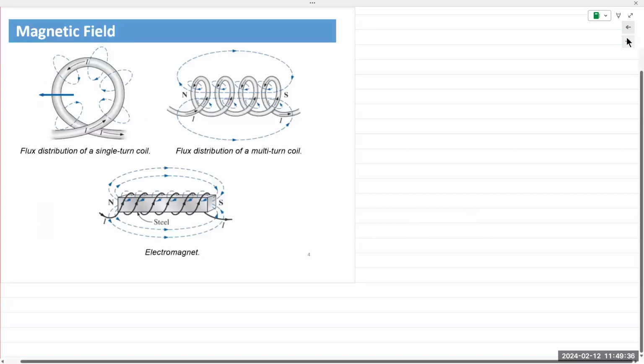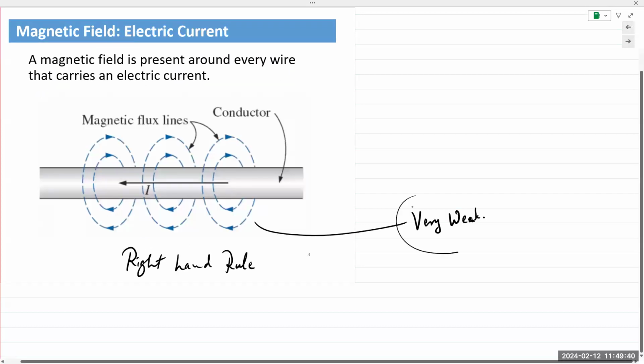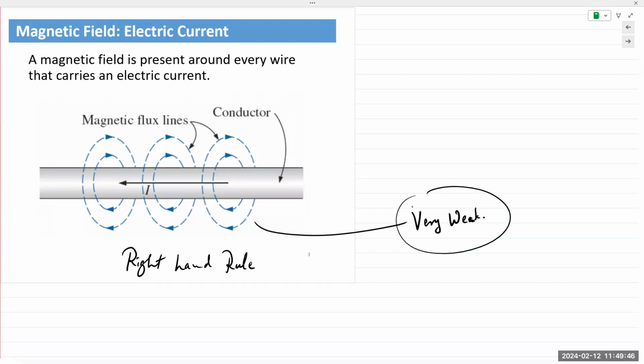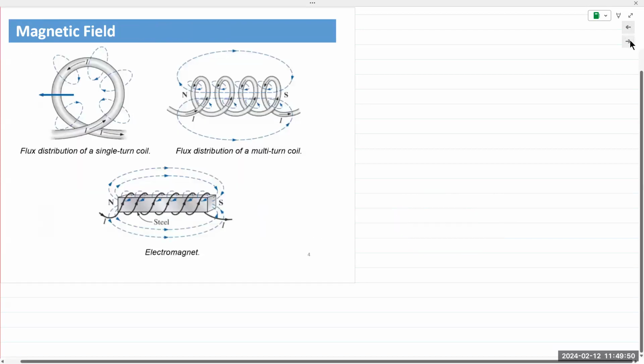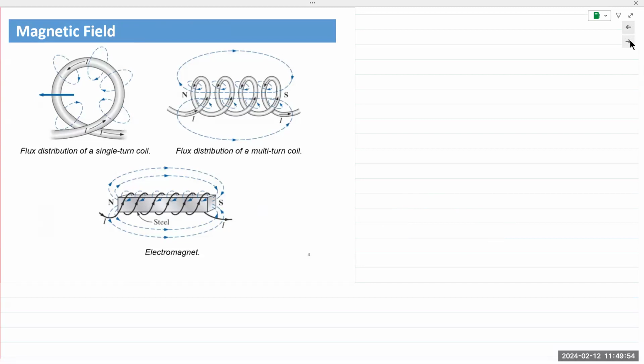The point here is that the field is very weak. When a current passes through a conductor, it establishes a magnetic field, but that magnetic field is very weak. If you take that same conductor and you form a loop with it, all the magnetic flux lines get aligned.